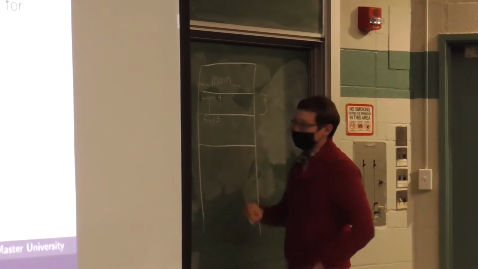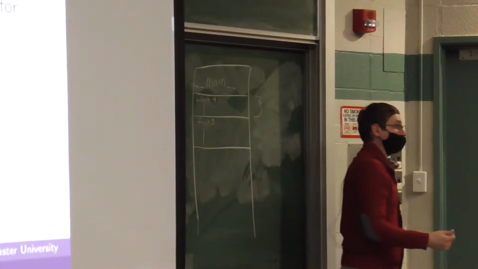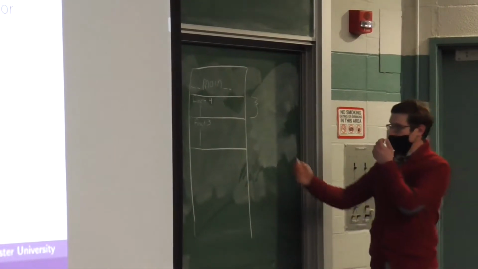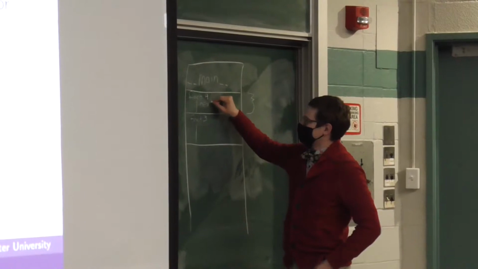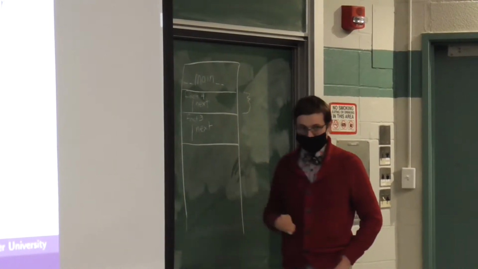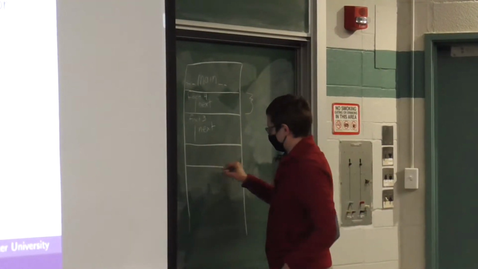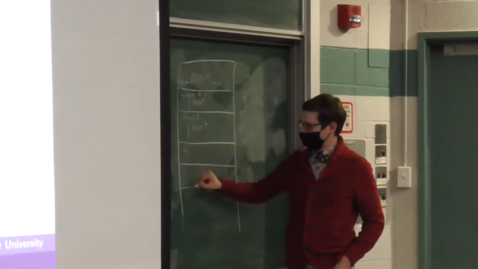it's allocated a new stack frame. The same variables with the same name are duplicated in the new stack frame. So I think in this one we use next, right? So next exists here. A separate copy of next exists here as well. And so on and so forth for 2, 1, and 0.